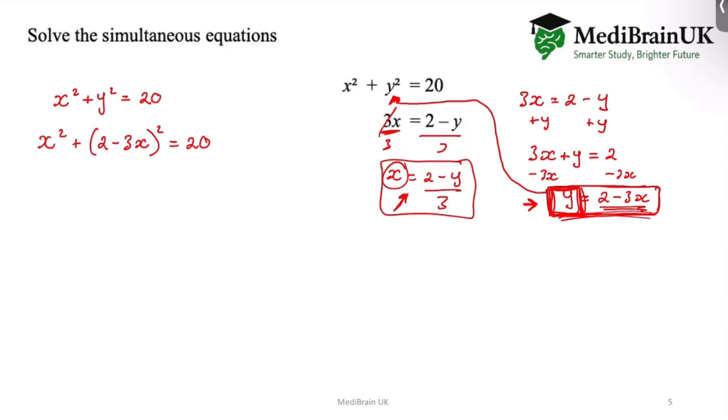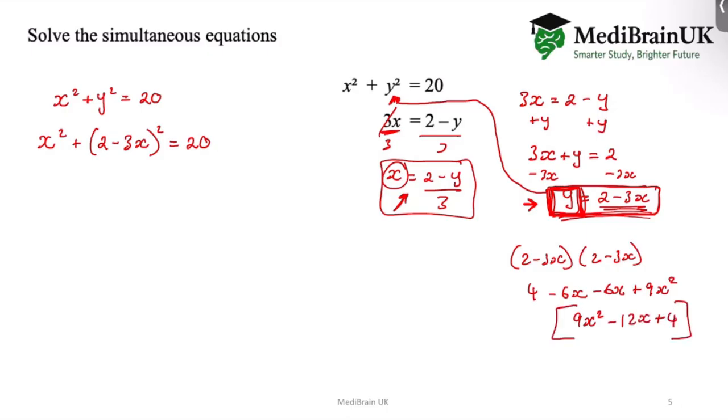Now let's expand these brackets out, 2 minus 3x squared. So 2 minus 3x, and then 2 minus 3x. We're going to get 4 minus 6x minus 6x, and then add 9x squared. Simplifying that down, we have 9x squared minus 12x plus 4.